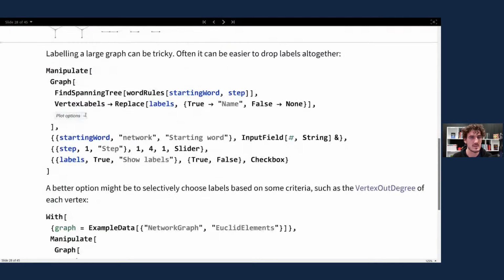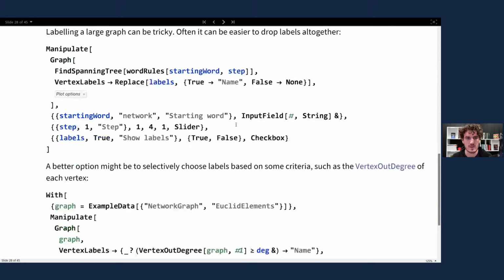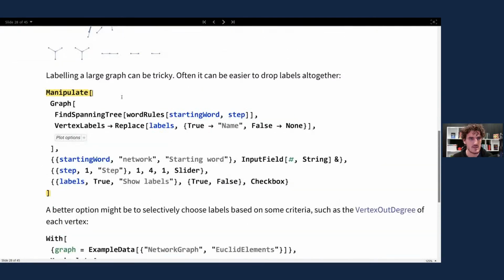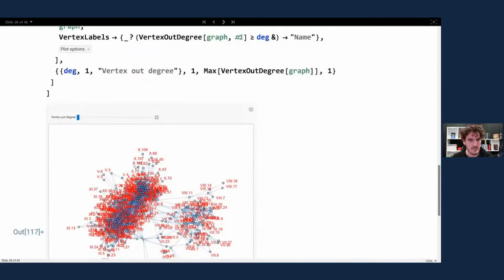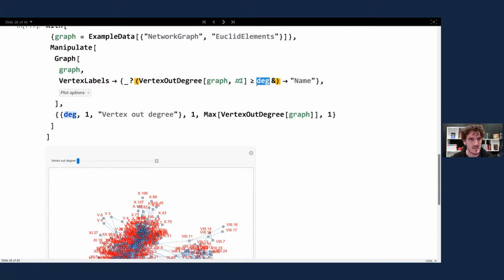This is quite a cool example where we only label certain vertices based on some criteria. This is from the example data repository of Euclid's Elements, and I believe we're only labeling a vertex provided it has a degree of at least some value.